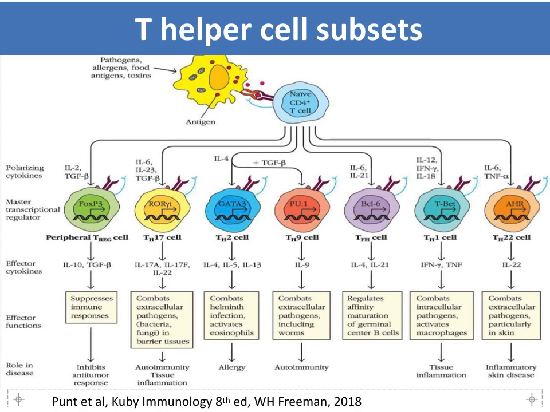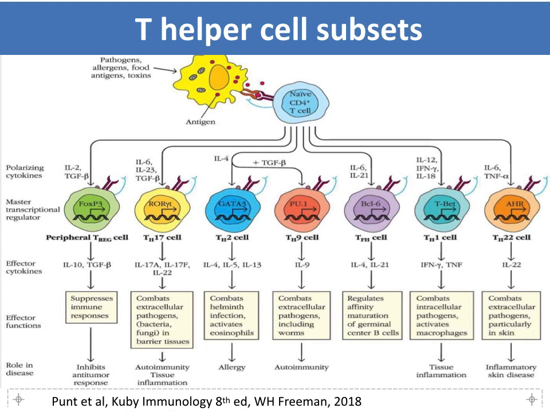The Th2 cell produces interleukin-4, interleukin-5, and interleukin-13. They are important activators of eosinophils. They are important for helminthic infections, and they play a role in the development of allergy, since interleukin 4 or 5 can actually switch production of B cells from certain types of immunoglobulins to IgE, for example, which is involved in allergy.